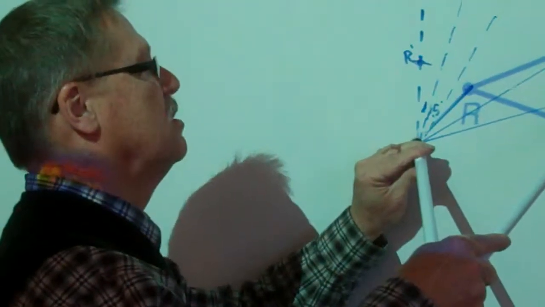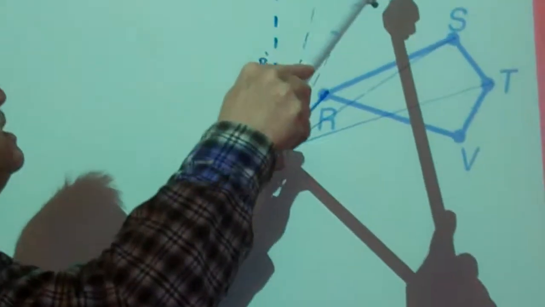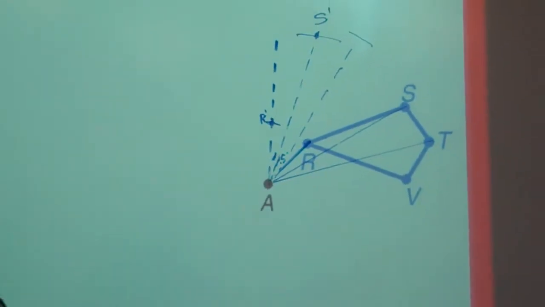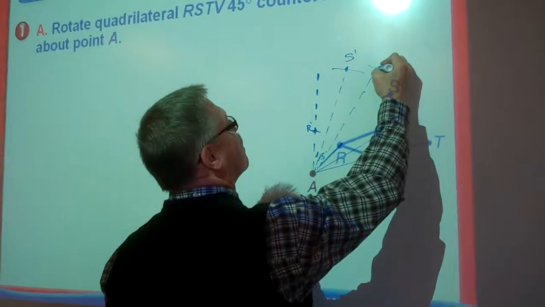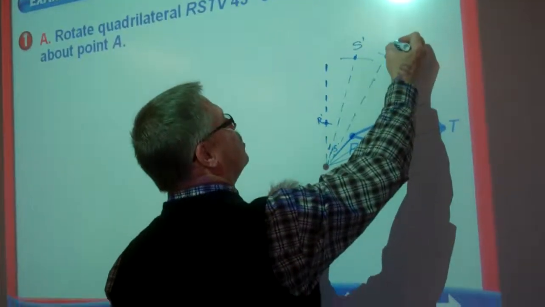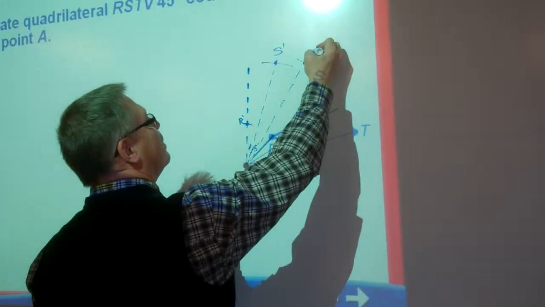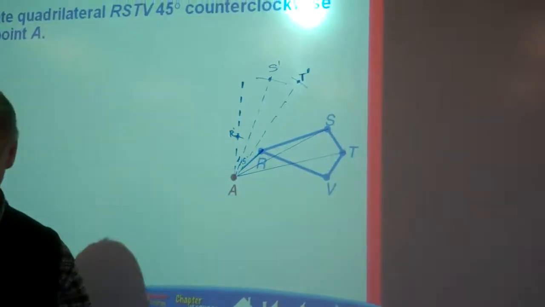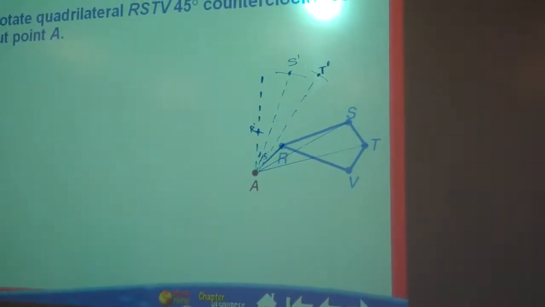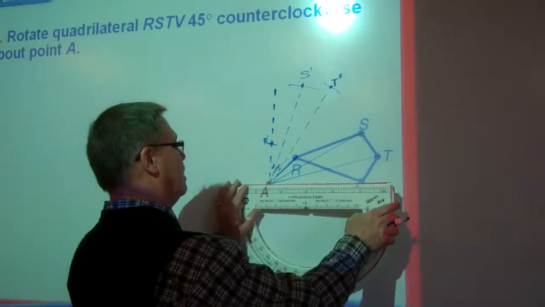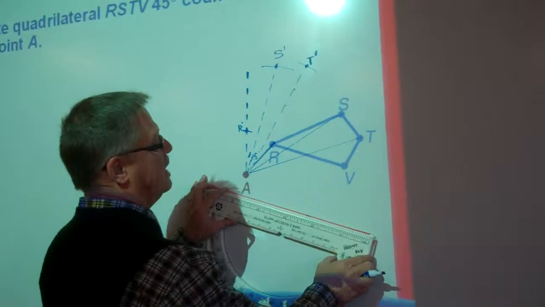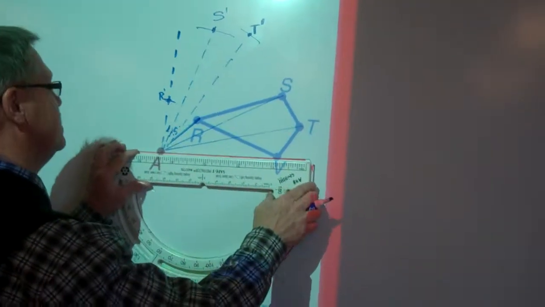Check the distance to the old T, put the new T that far out. Everyone's moved 45 degrees counterclockwise. One left to do. I need to move V 45 degrees.